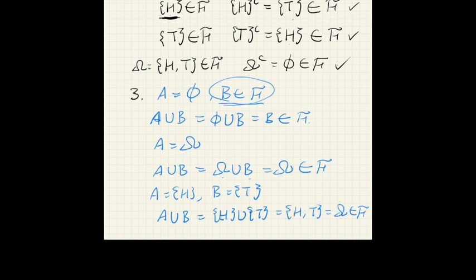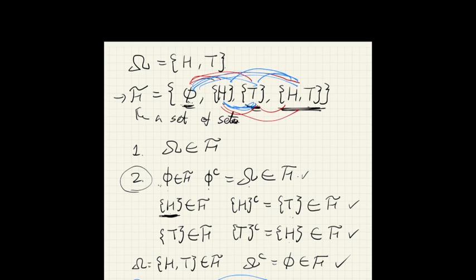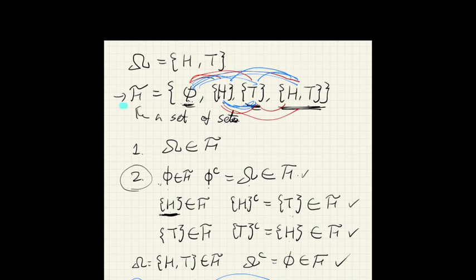So this is an element of F. So for all these pairs, axiom 3 is satisfied. Therefore, this collection of subsets of omega is an algebra. Okay?